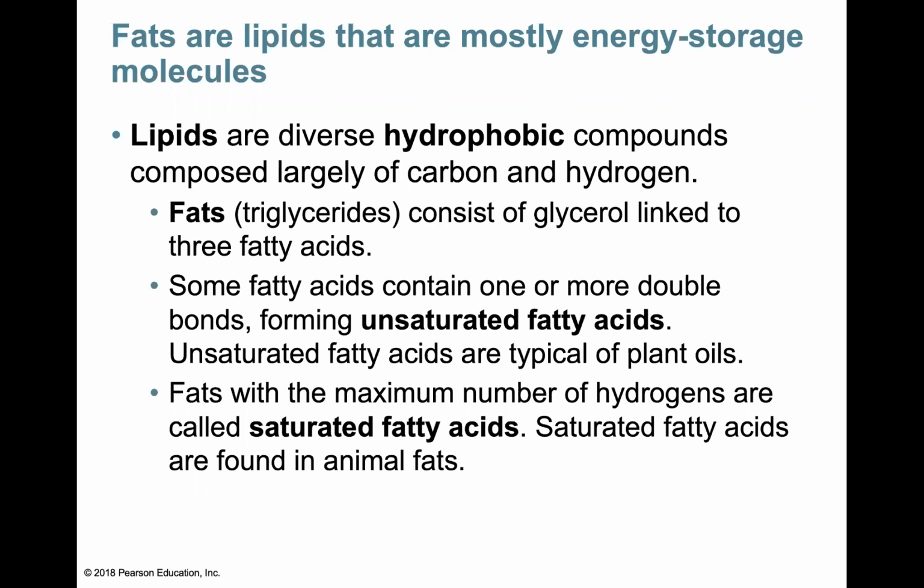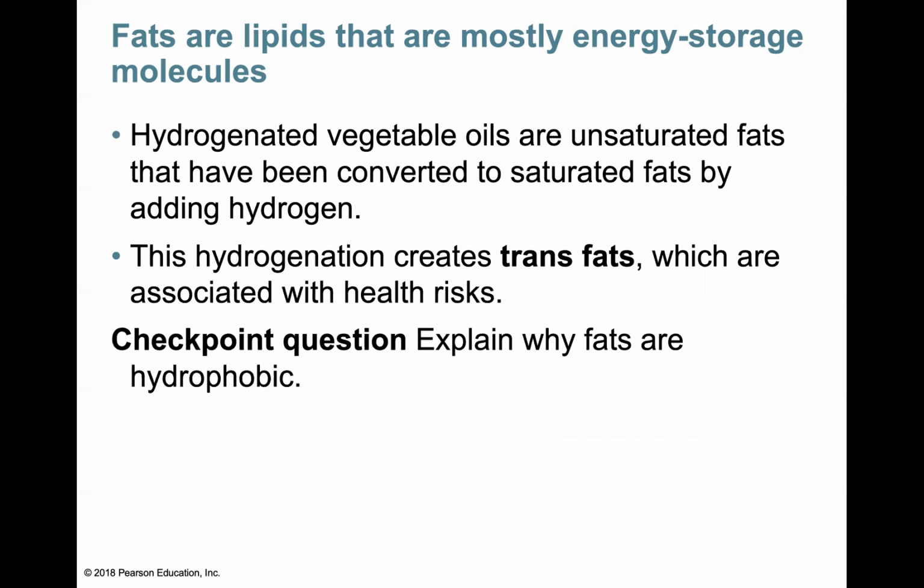Unsaturated fatty acids are typical of plant oils. Fats with the maximum number of hydrogens are called saturated fatty acids. Saturated fatty acids are found in animal fats.